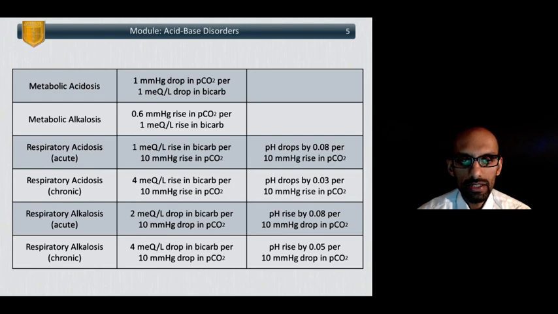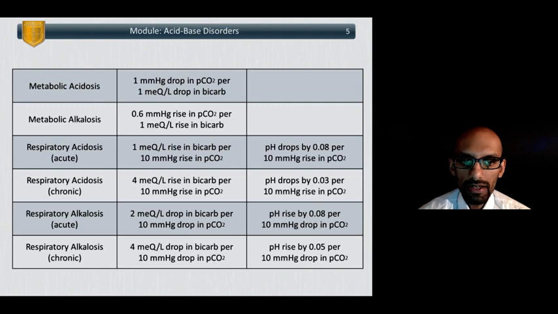But the general trend that you can see here is that for a metabolic acidosis, a patient can efficiently hyperventilate to compensate for that. And so for every milliequivalent drop in bicarb, a patient can hyperventilate to drop their PCO2 by about a millimeter torr. With metabolic alkalosis, patients are less adept at compensating.